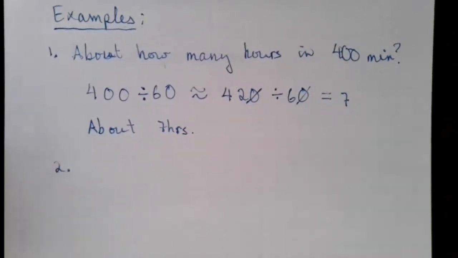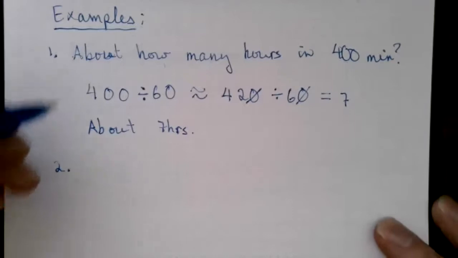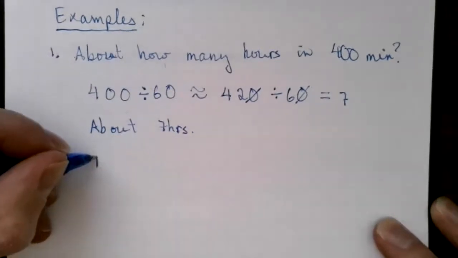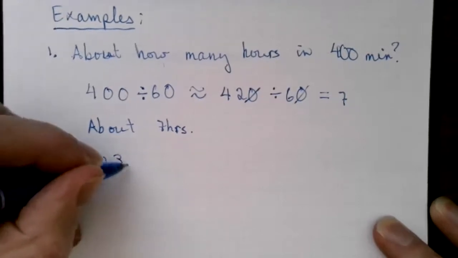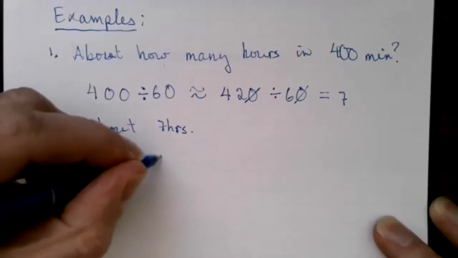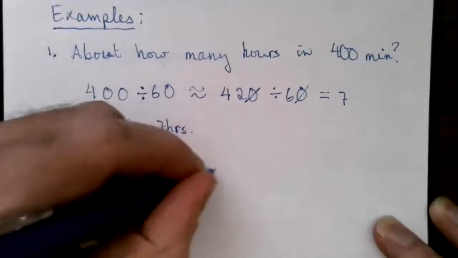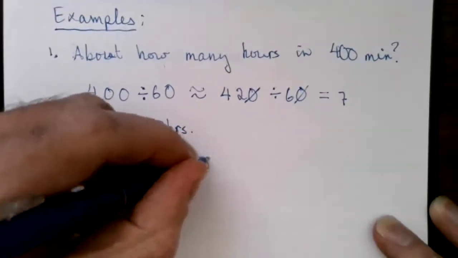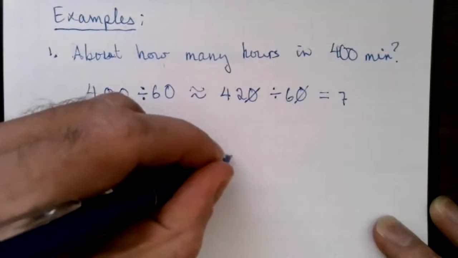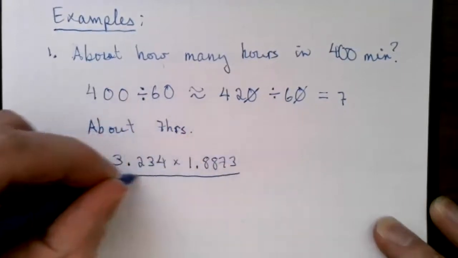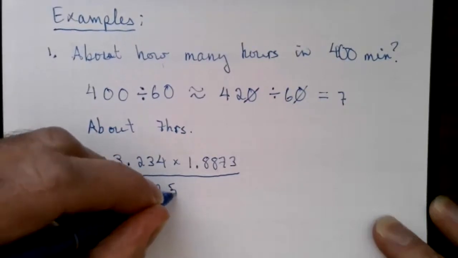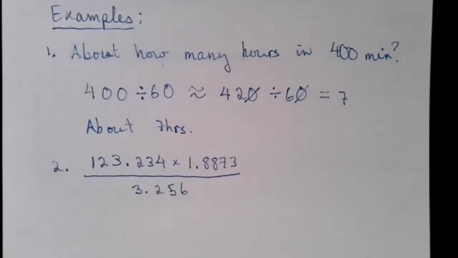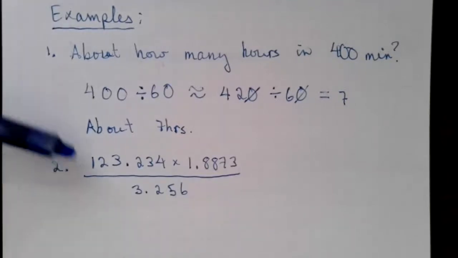Here's another example where estimation comes in handy. Now, I'm not going to ask you to do this calculation. But let's imagine we're doing our science class and we have to do a computation like this.